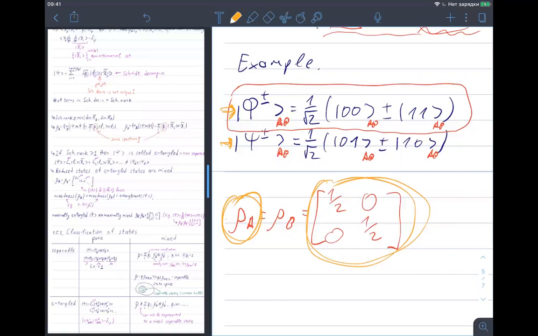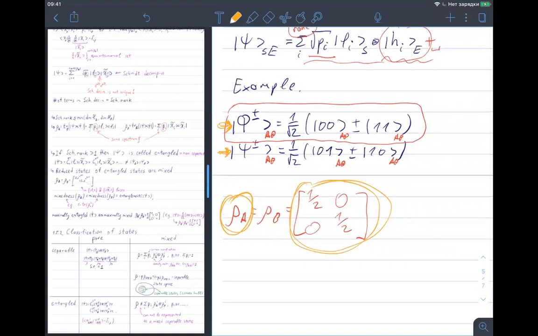So I add an additional system B, and I would like the pure state of the AB system to be such that the reduced state gives me my original density matrix. And you see that all of them, phi plus, phi minus, psi plus, psi minus, give me the same reduced state. Okay, and you see actually they are orthogonal to each other. Each of these four states, if you consider the scalar product, will give you 0.